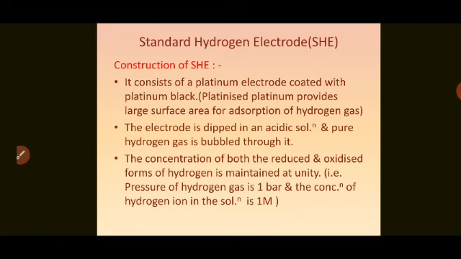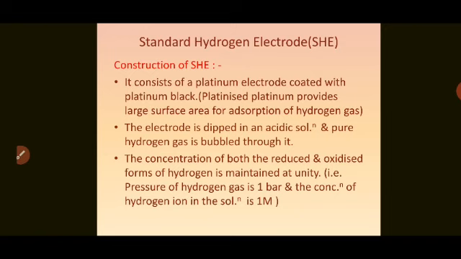For this we have to arbitrarily choose the potential of one of the electrodes, that is, half cell, and then that of the other can be determined with respect to it. It is just like how we take carbon as the standard to calculate the atomic mass of other elements.